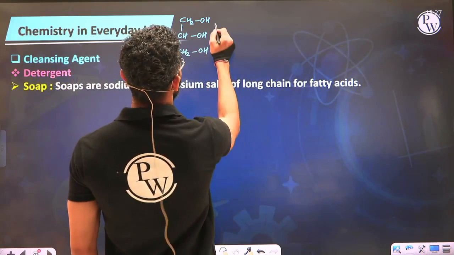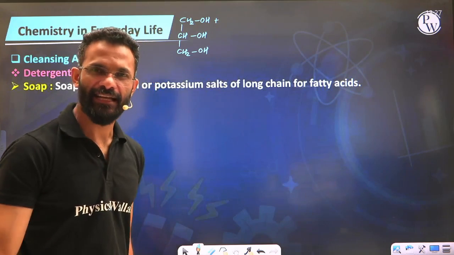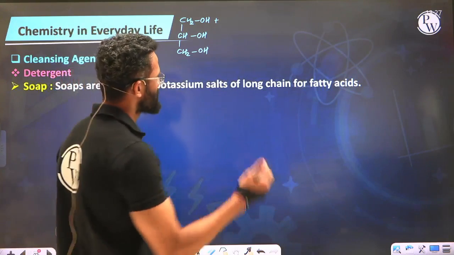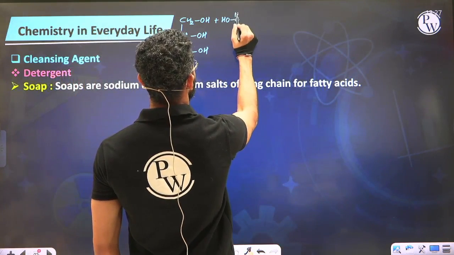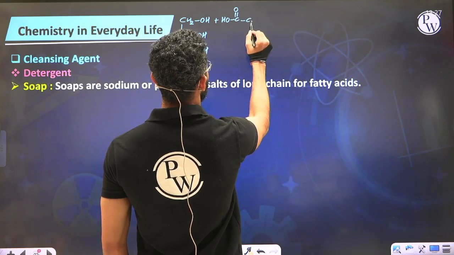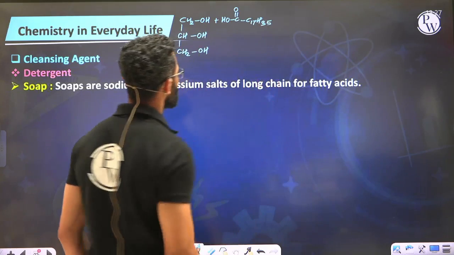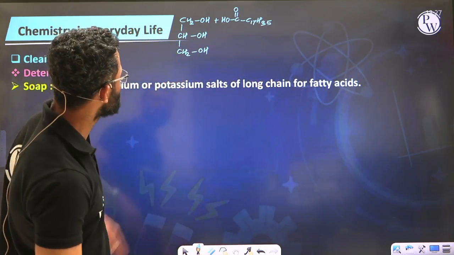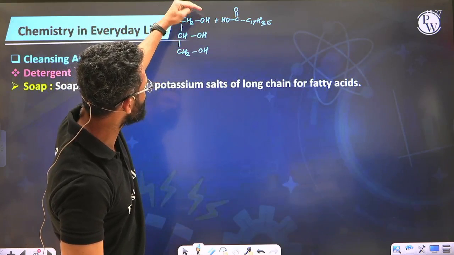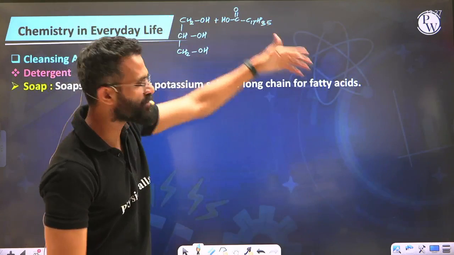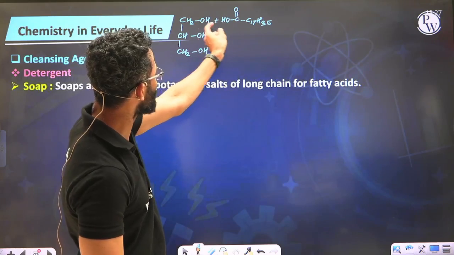Let's say I treat this with some long chain fatty acids such as oleic acid, linoleic acid, stearic acid, palmitic acid, anything. Let's say I'm taking stearic acid, C17H35COOH. You can see here, this is the alcoholic functional group, this is the carboxylic acid. When carboxylic acid and alcohol are treated, they undergo a condensation reaction to produce an ester, right? So if I remove OH from the acid and H from the alcohol, we get the ester functional group.